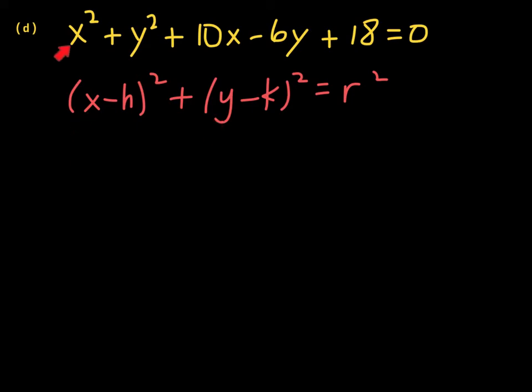But here you have an x here, an x here, a y there and a y there. So really what we want to do is get a perfect square in x and a perfect square in y. In other words, complete the square in x and complete the square in y, and then you'll get the squares of these binomials, okay? So let's complete the square in x and y.